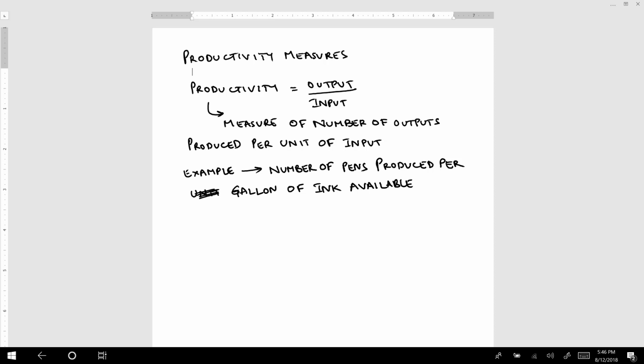Another example would be number of chairs produced per labor hour.